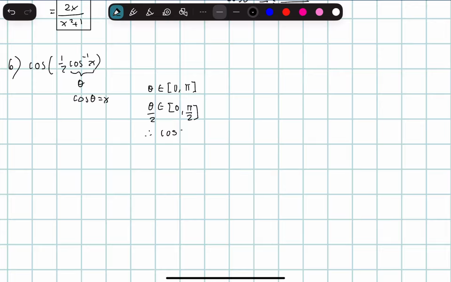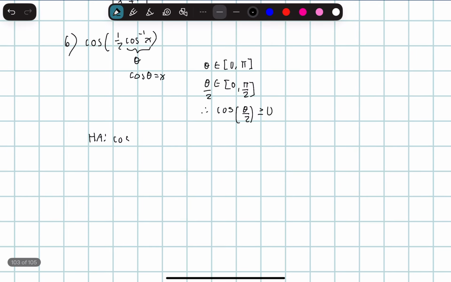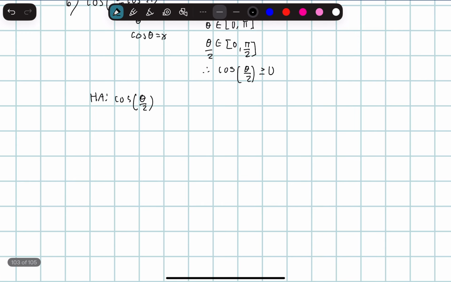So cosine of theta over 2 has to be greater than or equal to 0. We know it has to be positive because of right here.